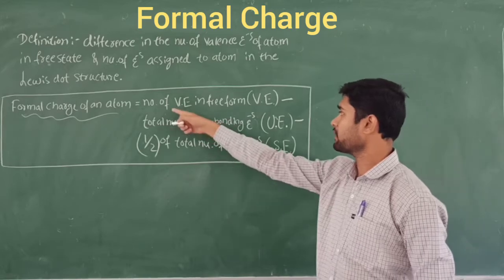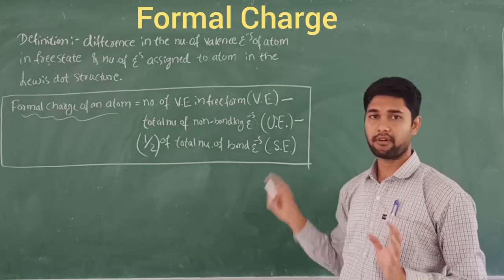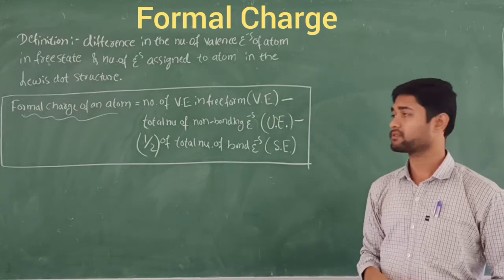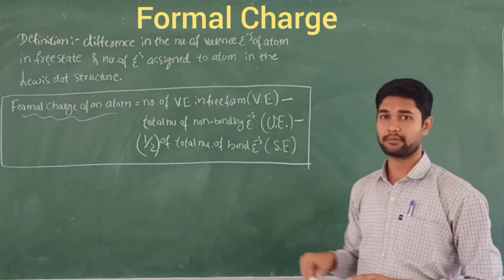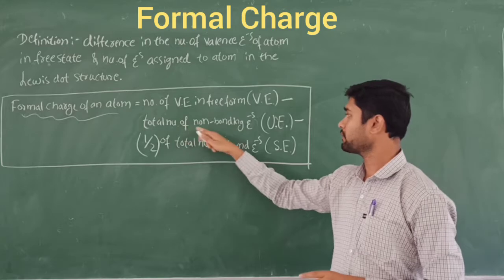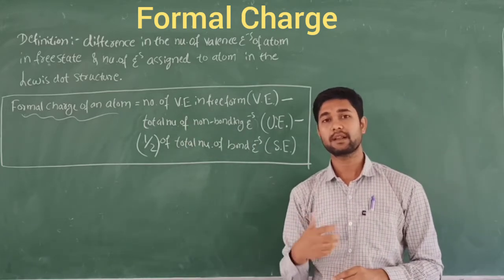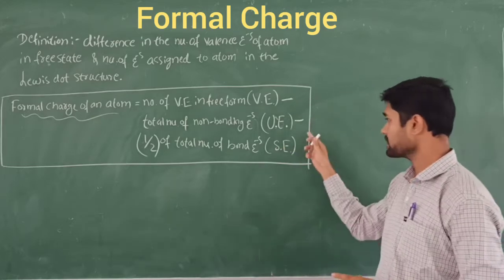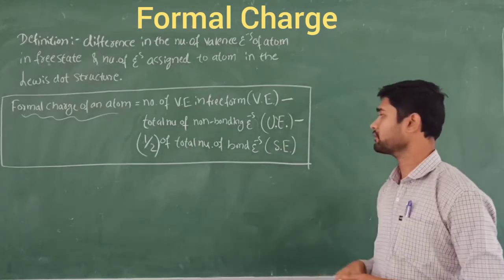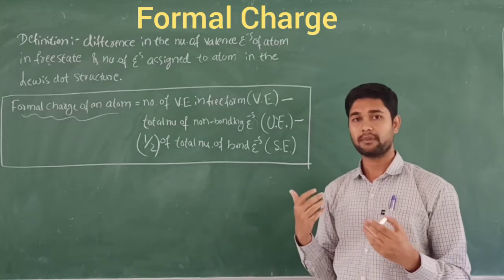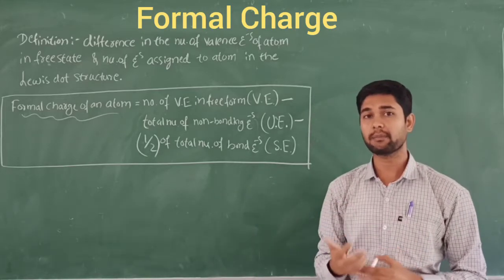That is the number of valence electrons in the free state. We should first find out how many valence electrons there will be, minus the total number of non-bonding electrons. Non-bonding electrons are called lone pair electrons. Minus half of the total number of bond pair electrons, I mean half of the electrons involved in bond formation.